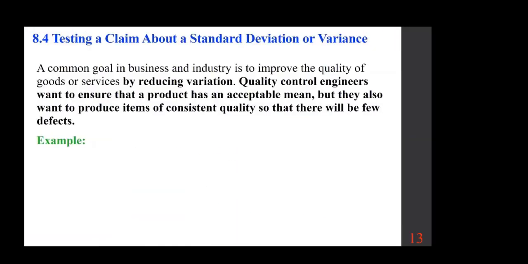Why do we test a claim about the standard deviation or variance? The common goal in business and industry is to improve the quality of goods or services by reducing variation. Quality control engineers want to ensure that a product has an acceptable mean, but they also want to produce items of consistent quality so that there will be few defects.